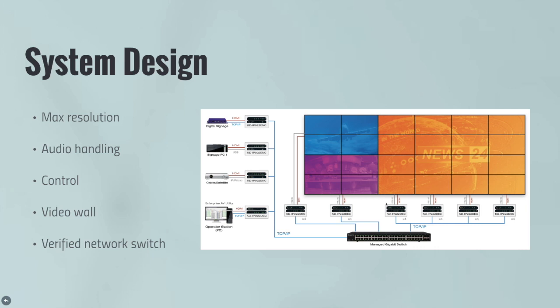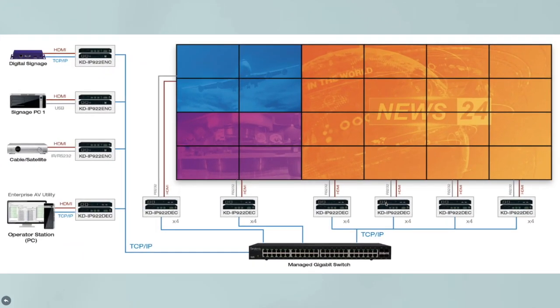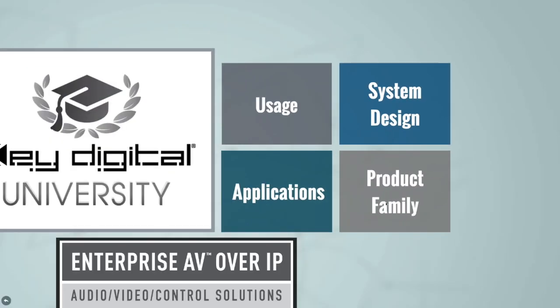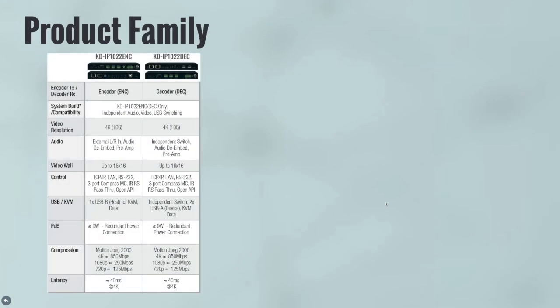And you must use a Key Digital verified network switch that is on our list of verified network switches. We have it on the keydigital.com website, and that network switch document is a living organism, where we teach you how to set up those switches and introduce you to the switches that are approved for use with AV over IP.